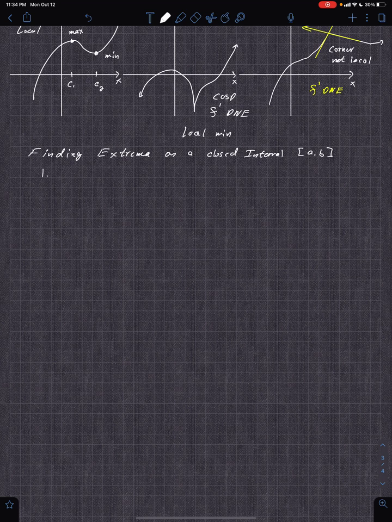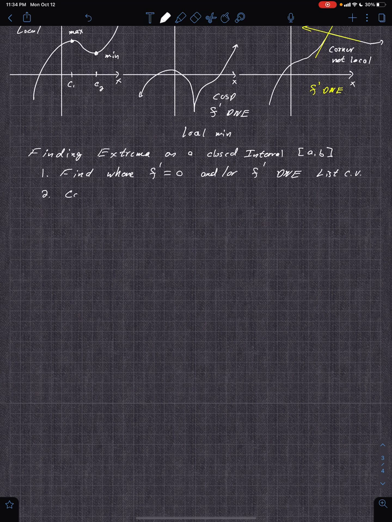This is what you do. Step 1: calculate f prime equal to 0, and or f prime does not exist. List the critical values, CV.